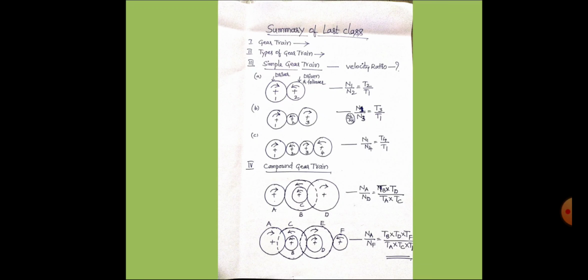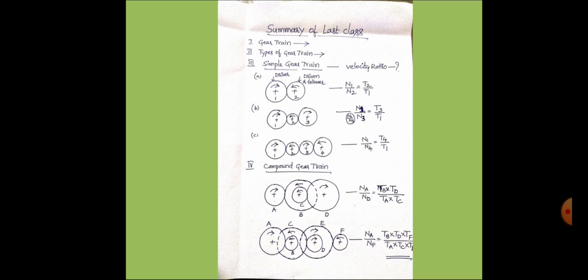So once again I repeat, in this compound gear train, the velocity ratio is the speed of the first driver, that is NA, by the speed of the last driven, that is ND. So NA by ND is the velocity ratio. That is equal to the product of number of teeth on drivens.